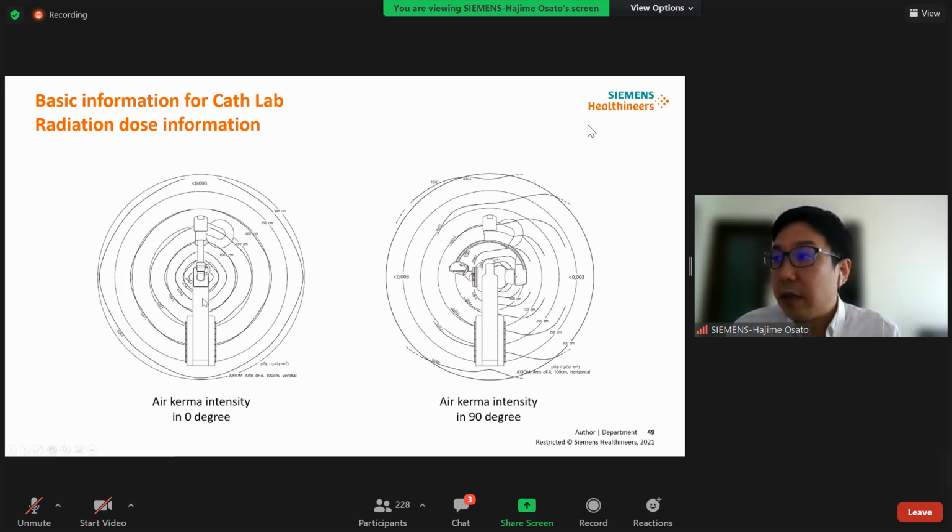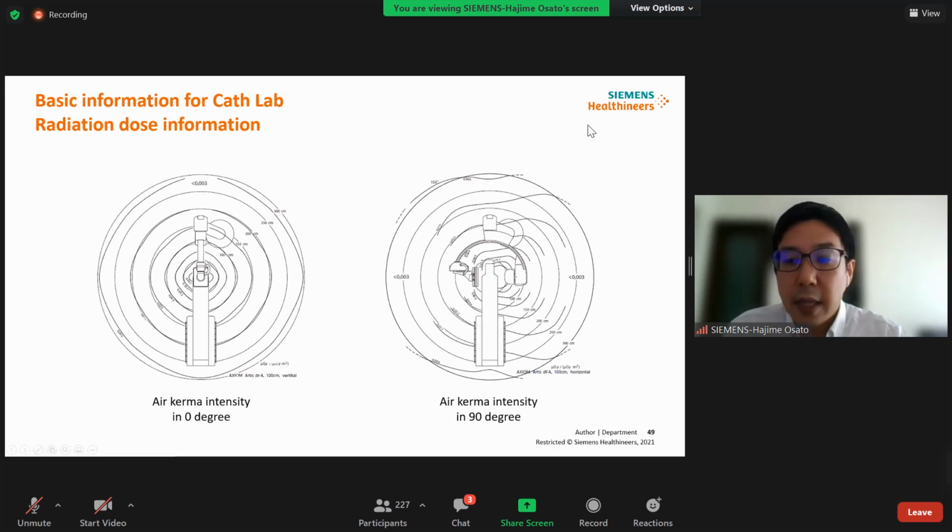You can see the even distribution here. On the other hand, at 90 degrees, the air kerma intensity changes. On the tube side, the intensity is increased.